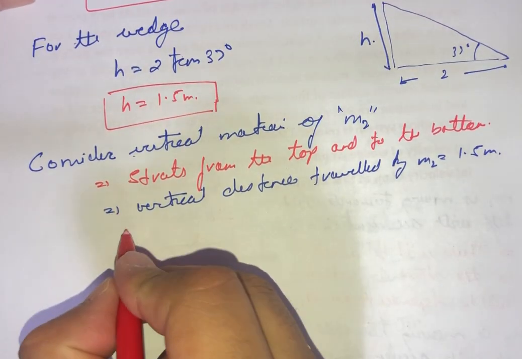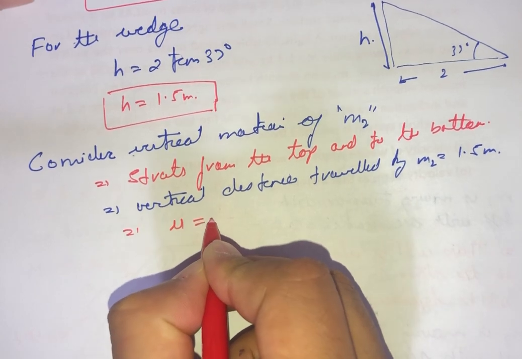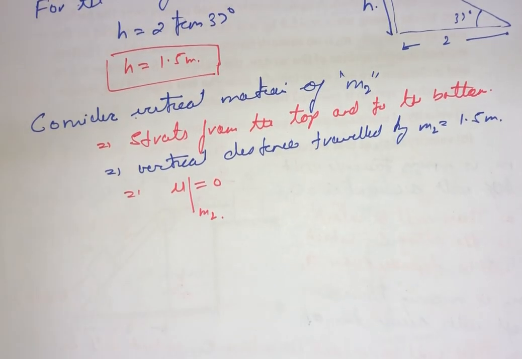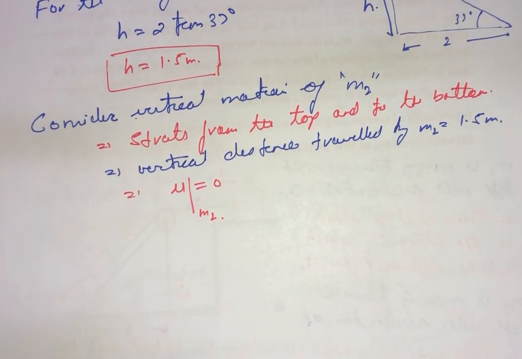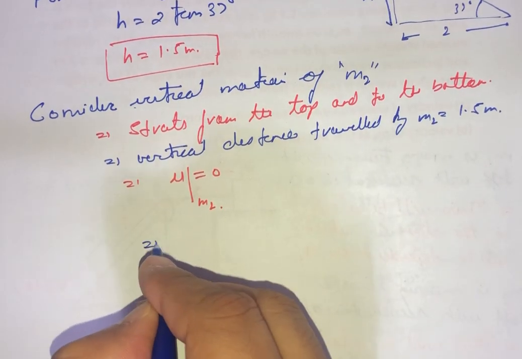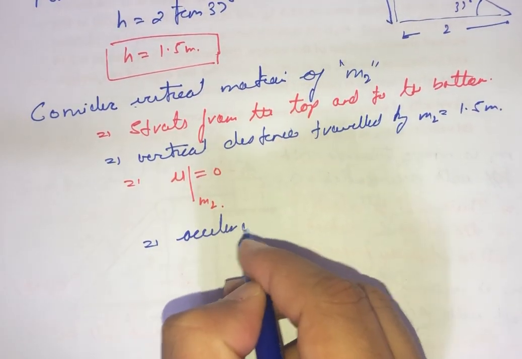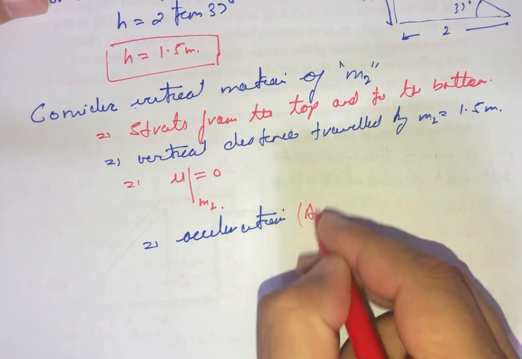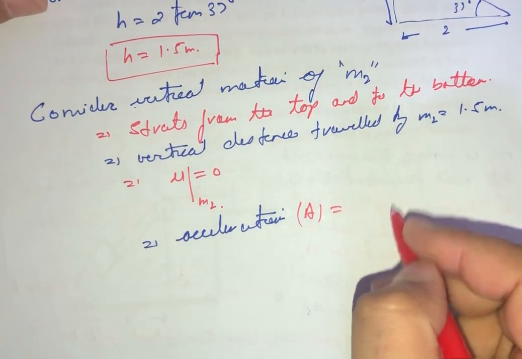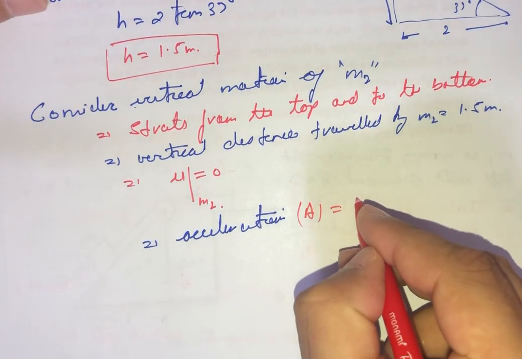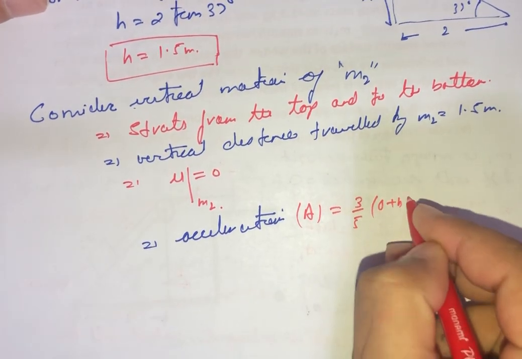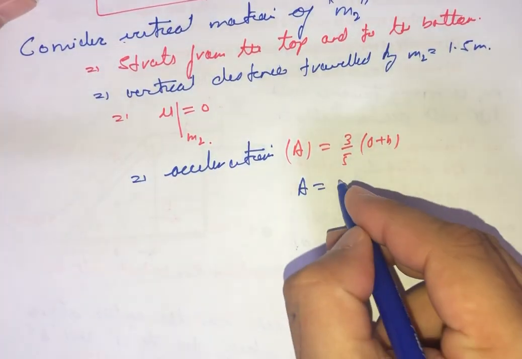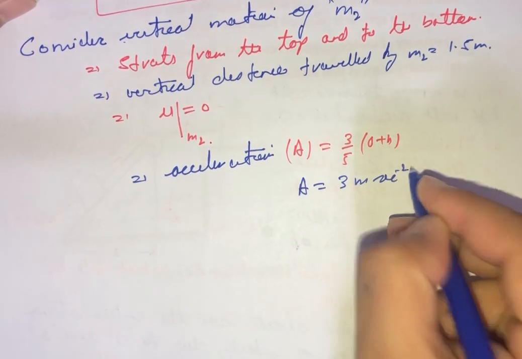If we start from rest, we can say that the initial velocity of M2 will be equal to 0, and its acceleration, let us represent it by capital A, will be equal to, since we are talking about the vertical part, 3 upon 5 A plus B, or we can say that A can be written as 3 meter per second square.